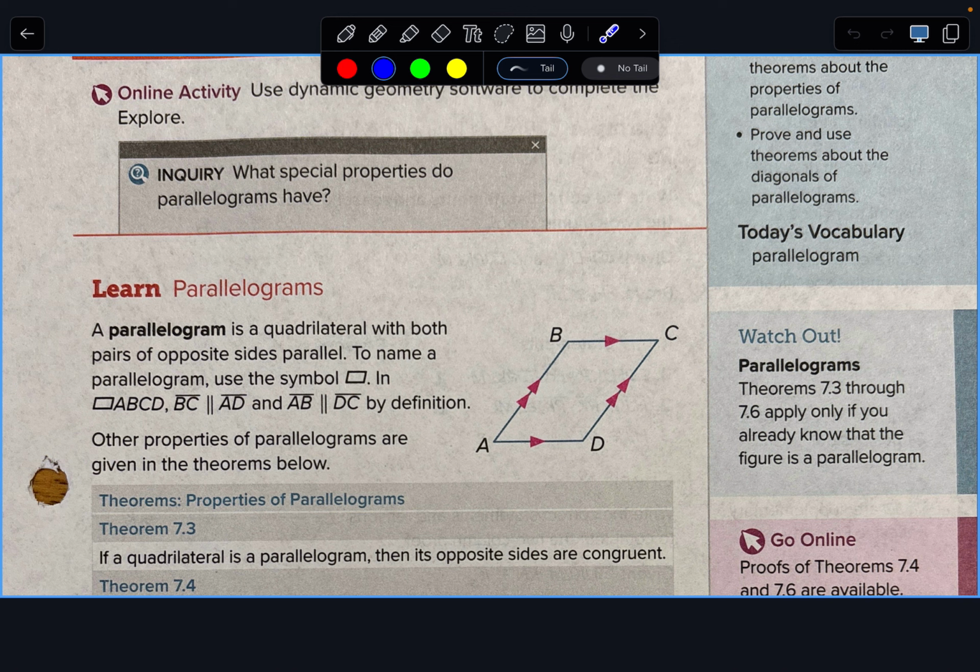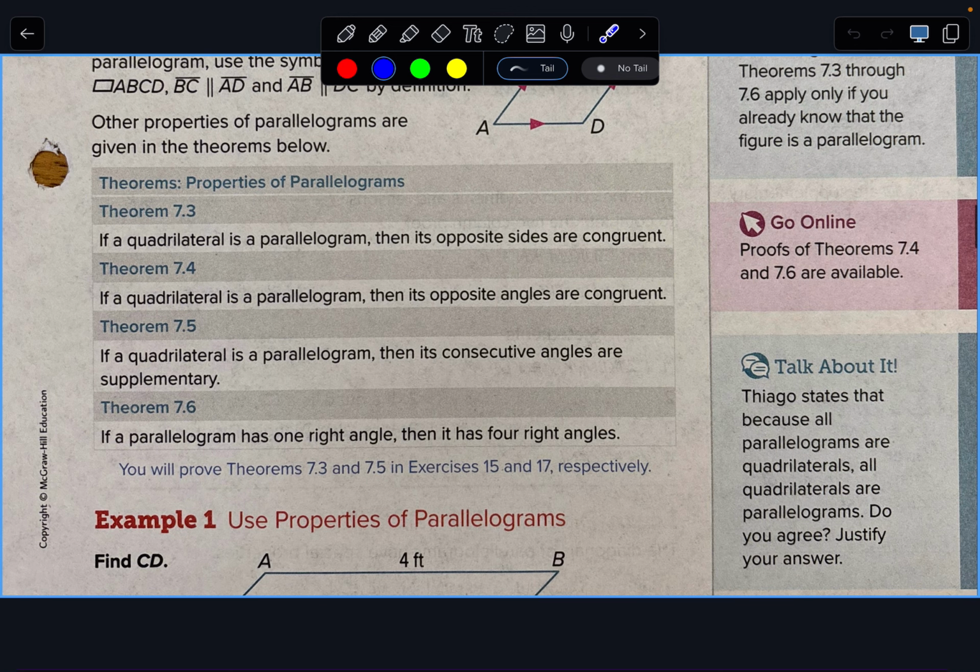Okay. So, the things that you just played around with in that discovery activity, you saw that if we have a parallelogram, then our opposite sides are congruent.